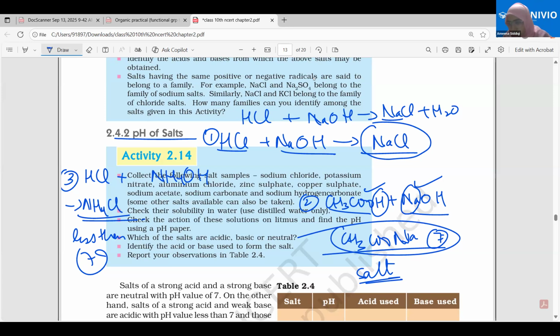Sorry. Carbonic acid along with potassium hydroxide. Very quickly, kids.